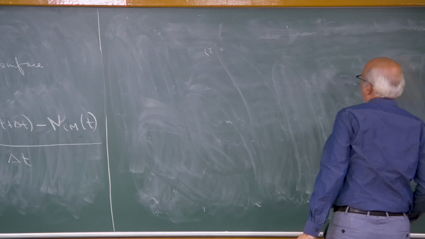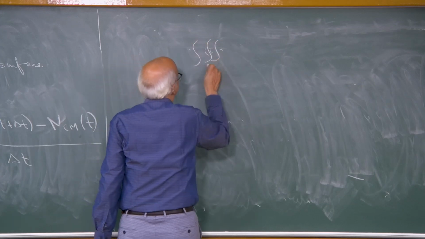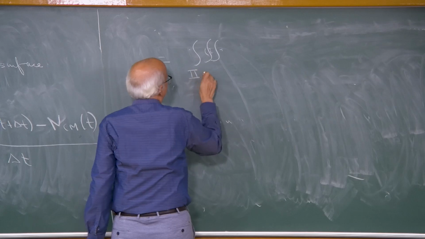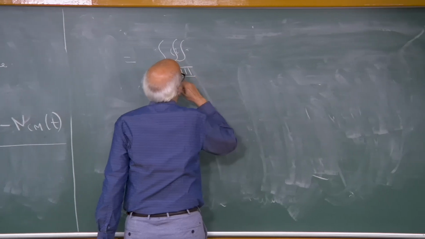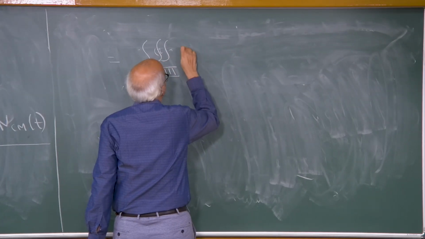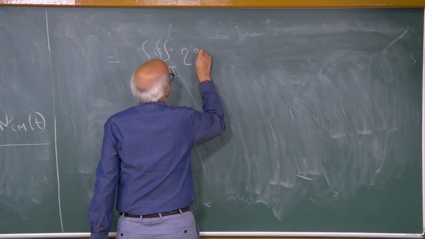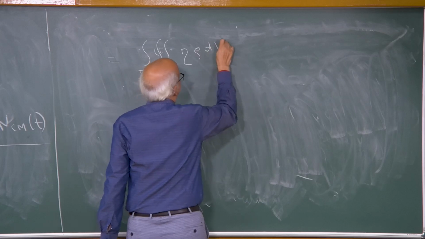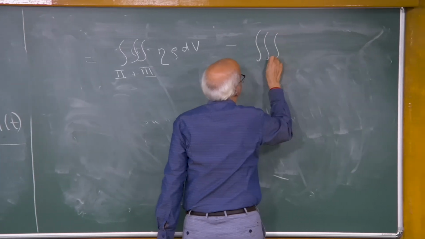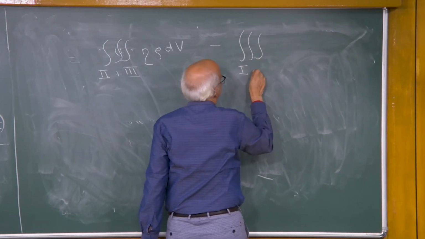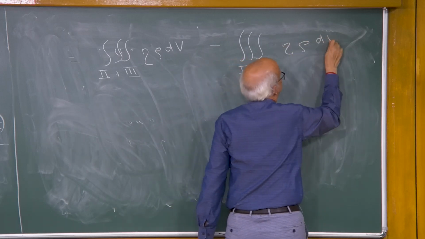So, I am going to write the right hand side as integral in regions 2 plus 3 of eta rho dV, minus integral in regions 1 and 2 of eta rho dV.